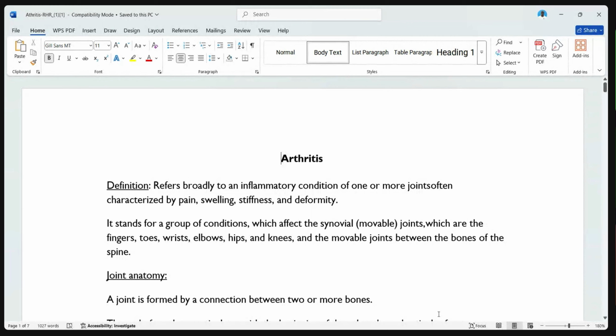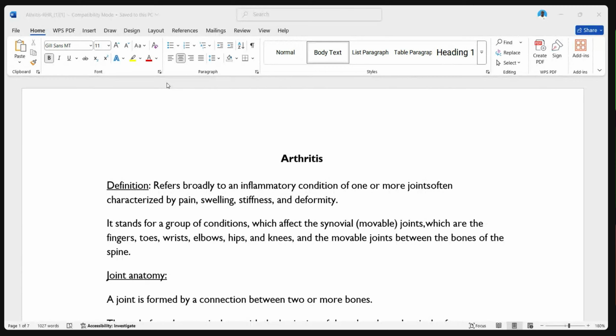And just to be a little bit more detailed, arthritis is not a neuro condition, but it's a degenerative joint disease, or a degenerative bone joint disorder.